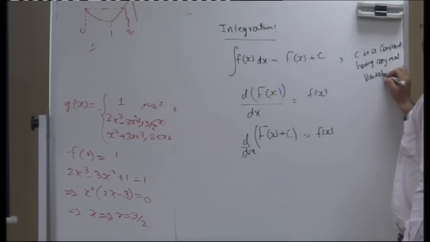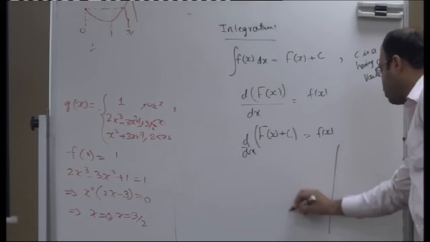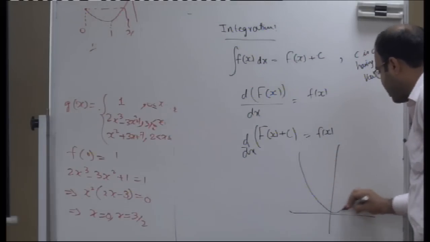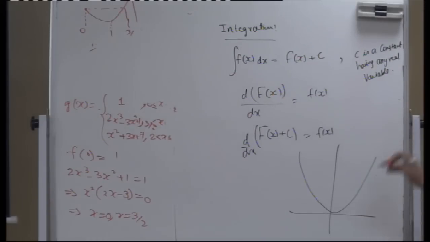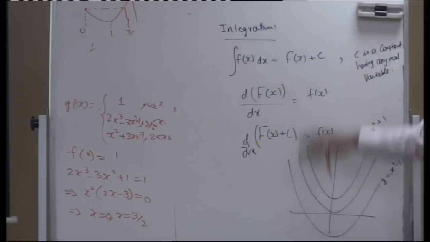The simple example which can explain this is the graph of x square. This is a graph of y equal to x square. Now take the graph of y equal to x square plus 1. That would shift upward by a distance 1. Similarly, y equal to x square minus 1 will shift one unit downwards. This way you can make many graphs. But when you find the derivative of any of these, you find 2x.